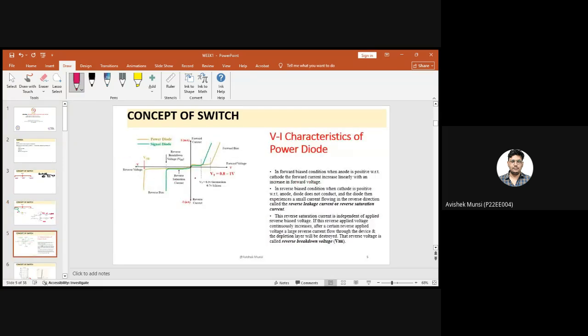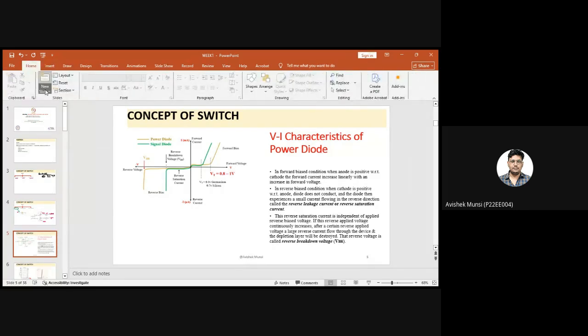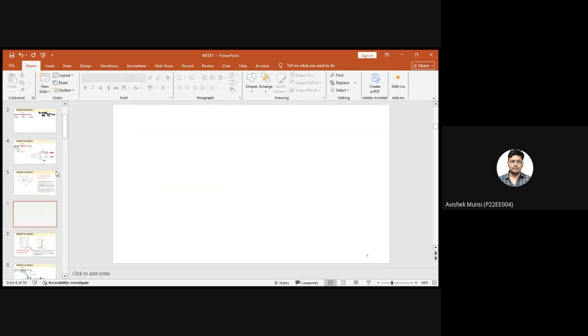The diode we are considering here is different from the signal diode which we studied previously in other courses. Let me give a brief introduction. I hope you all know a little about the signal diode. It has a P and an N junction, with one side the anode and the other the cathode.